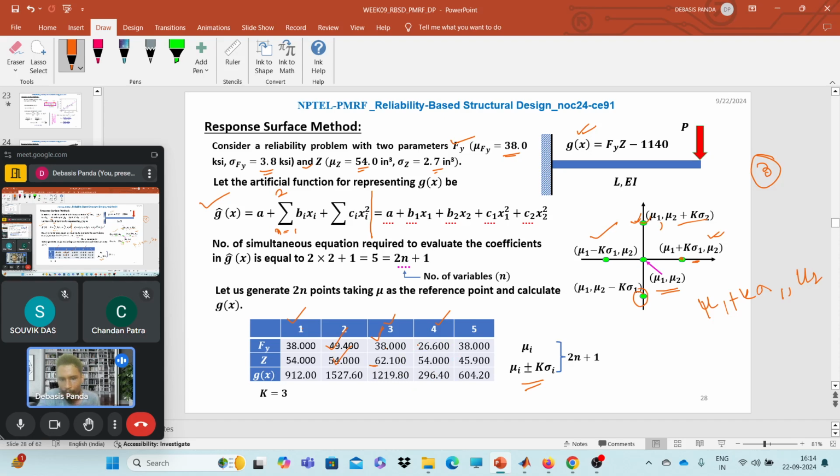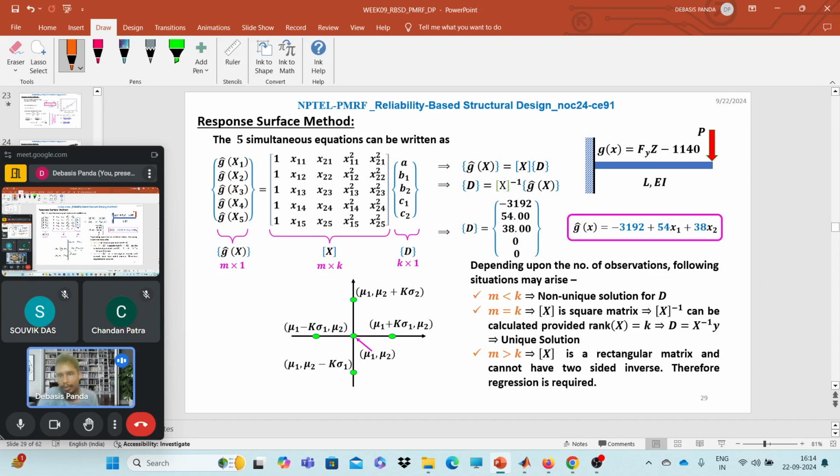Now put all these sample points in, and you will get 5 simultaneous equations. On the second page, that is actually done. So you will have G(x) in matrix form. We have 5 points, so we get 5 simultaneous equations: g of x1, g of x2, g of x3, g of x4, g of x5. The size of this will be the number of equations multiplied by 1.